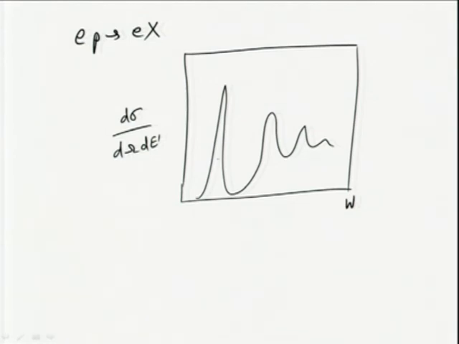Each of these peaks corresponds to a particular resonance mass: m 1, m 2, etc. Each of these peaks, as per our earlier discussion, corresponds to an excited state of the proton.